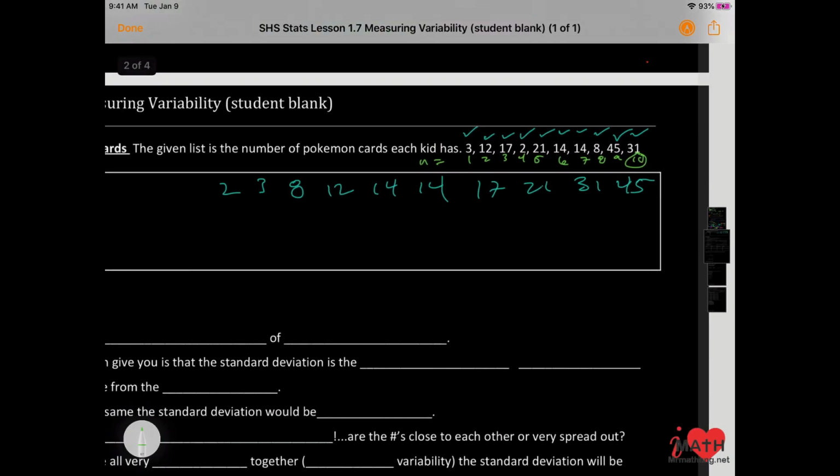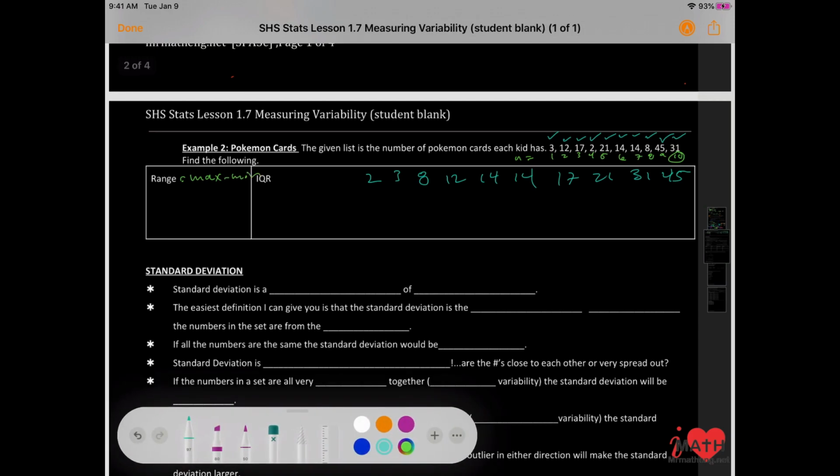Okay, so to find the range, all I have to do is simply find the max minus the min. So my max is going to be 45, and the minimum is 2. The smallest number on that list is 2, so my range is 43.